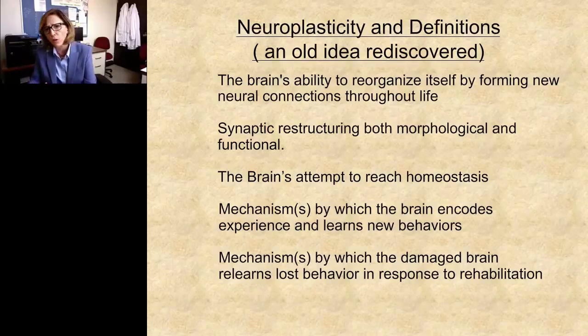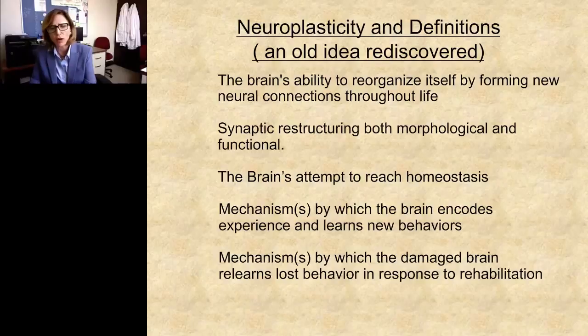In fact, another idea of neuroplasticity is homeostasis, that the brain is always trying to reach some level of homeostatic change where there may be an injury to one part of the circuitry, and there may be compensatory strategies in other parts of the circuitry, happening at a circuit level, but probably also at a cellular level as well.